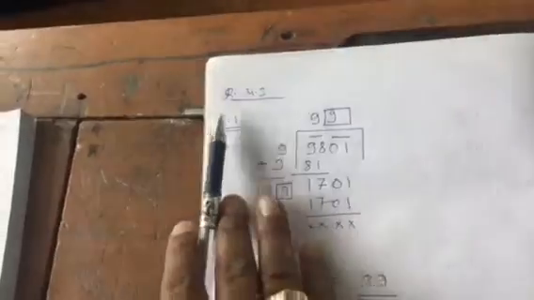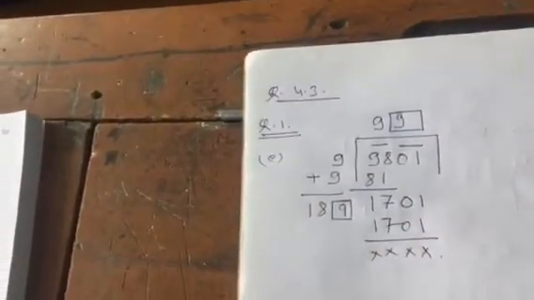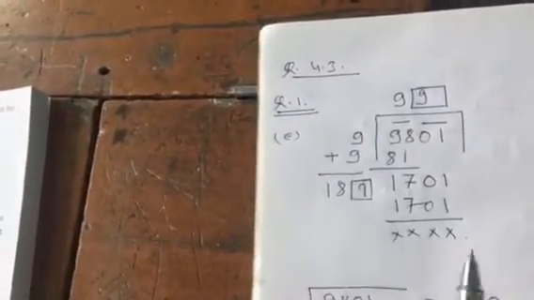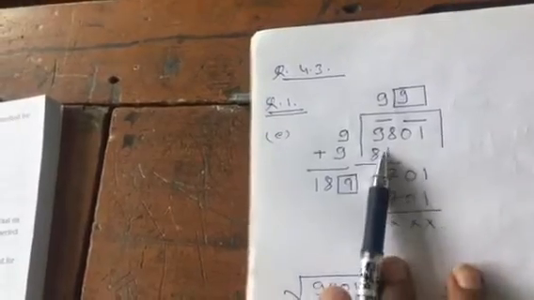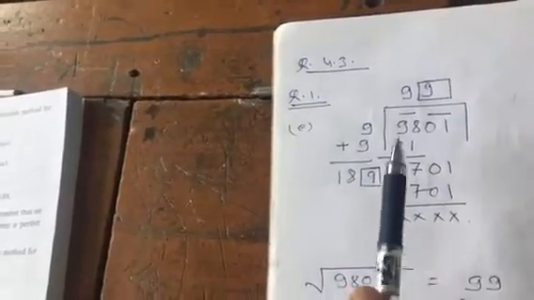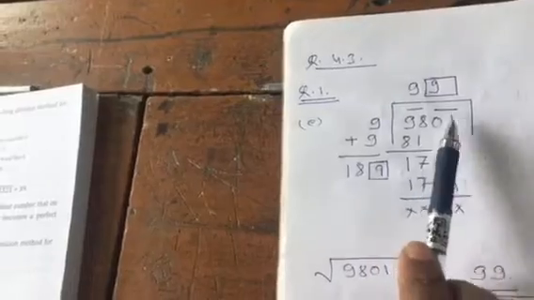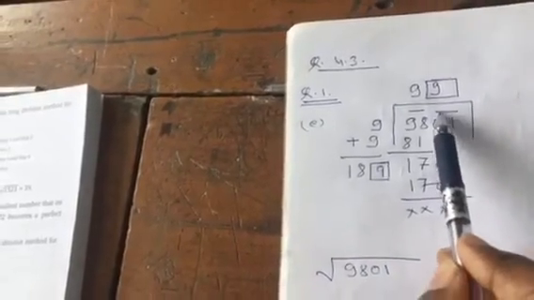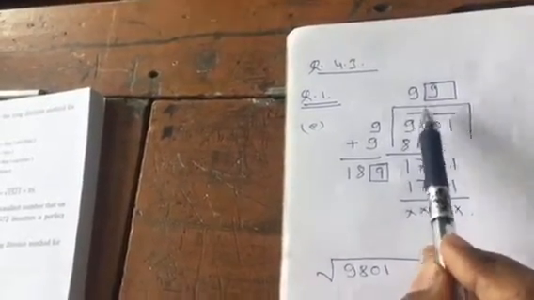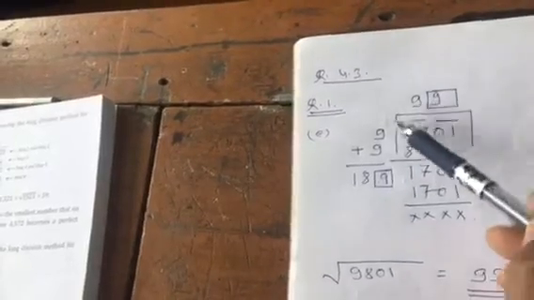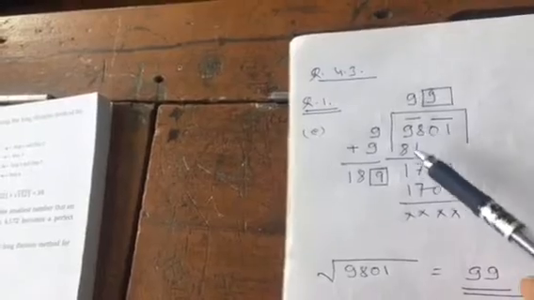Then ultimately you can go to exercise 4.3, where they have again asked you to find the same square root by the division method. Once again I am going to explain it to you. 9801: as you can see, 0 and 1 is a pair, 9 and 8 is a pair. I am supposed to write the same number as divisor and quotient. So I took 9, 9 9s are 81.